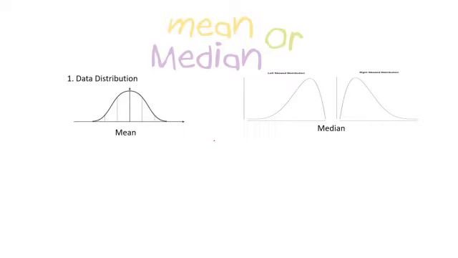As an example of a skewed distribution, suppose you are given a data set containing the income of people, where most people earn really little, but there are just a few high earners.